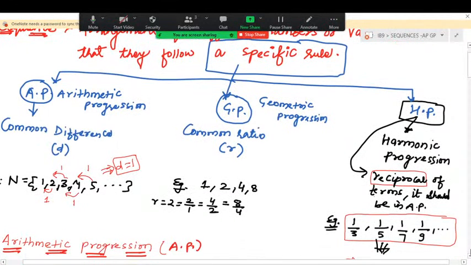And the second type of rule may be common ratio being the same, and if your common ratios are the same, you call them, what will you call them? GP, if common ratios are the same.